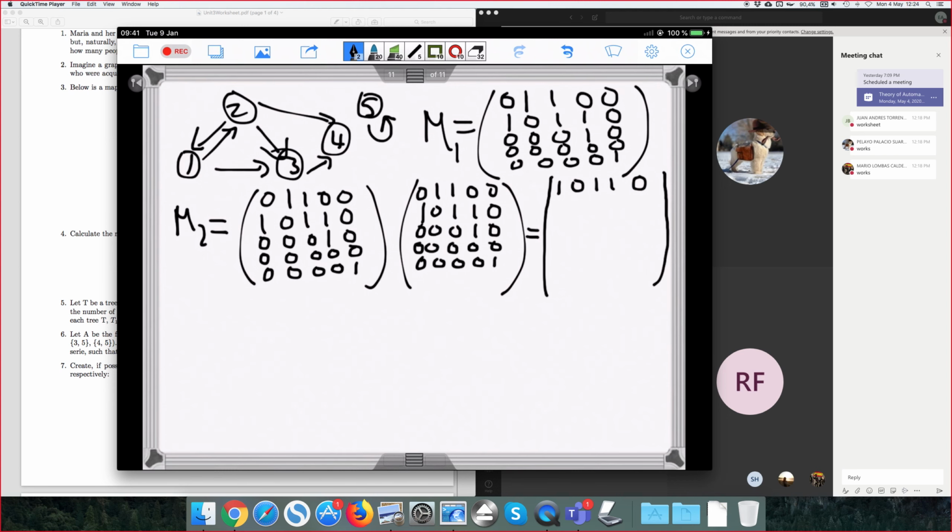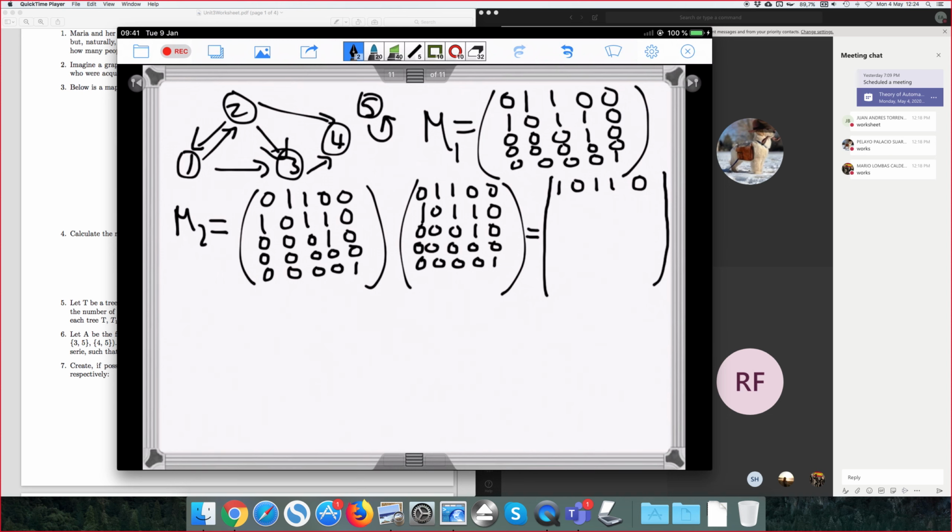You can consider 0 as false, 1 as true, and then 1 plus 1 is true or true, which is true, which is 1. 1 plus 1 is 1. So this first row should give us the paths of length 2 starting from 1.